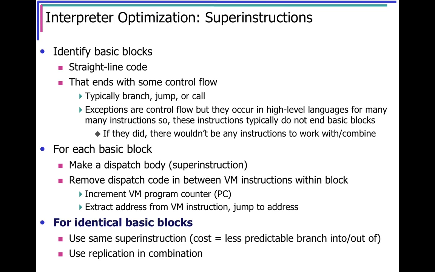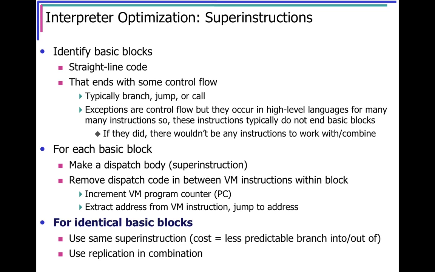Now we have a choice. If you have two basic blocks that are identical, you can either use the same super instruction, that's the same handler. In that case, if you have multiple blocks pointing to the same handler, the target of that handler will be less predictable because you don't know which basic block you're coming from.